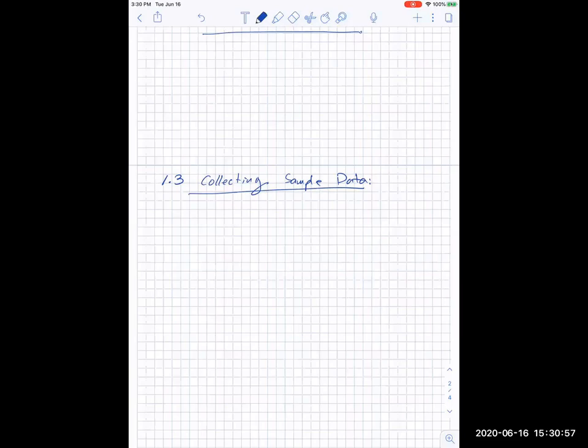There are a lot of details in each section, and it is impossible for us to cover everything. Especially because this is a summer class, I'm going to talk about just the main concepts, the most important things you need to know in each section, and you will be tested on that.